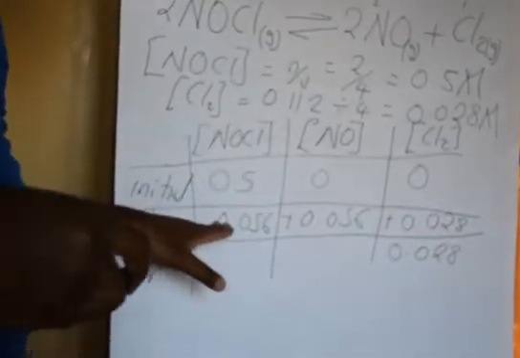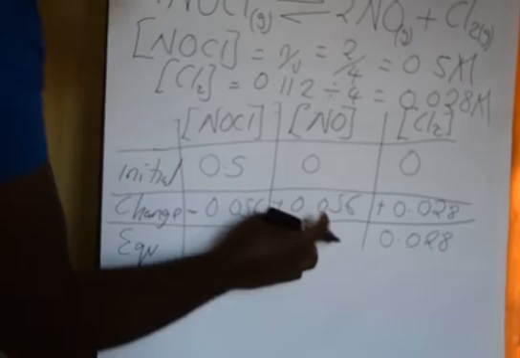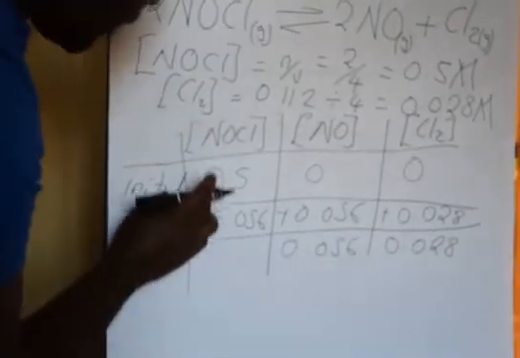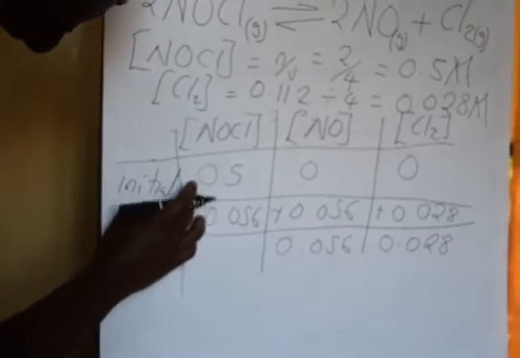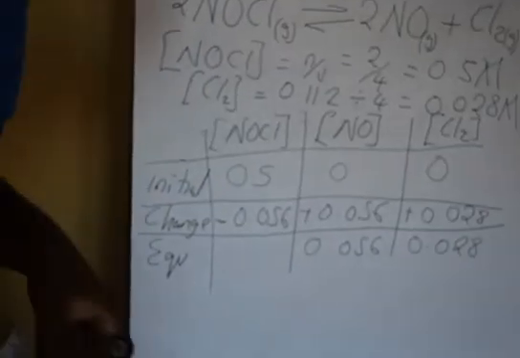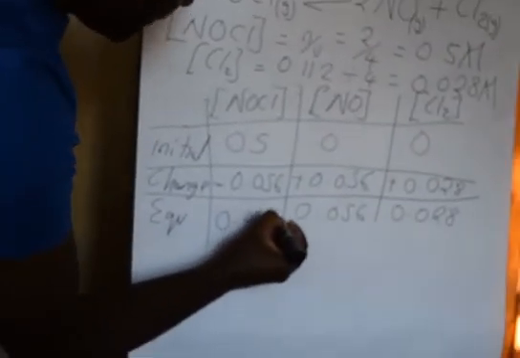Then you add. What is 0 plus this is also 0.056. What is 0.5 plus minus 0.056, which is the same as 0.5 minus 0.056. Then you're going to have 0.444. That, my friends, is your equilibrium mixture.